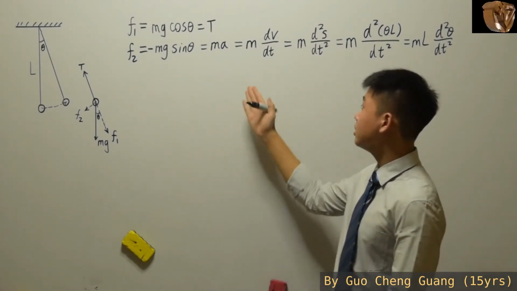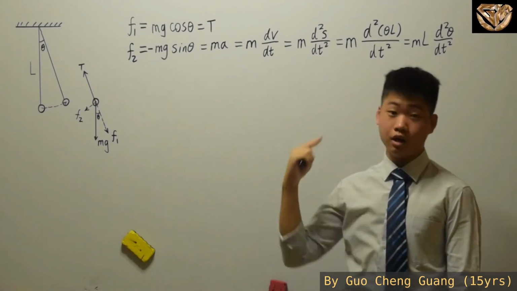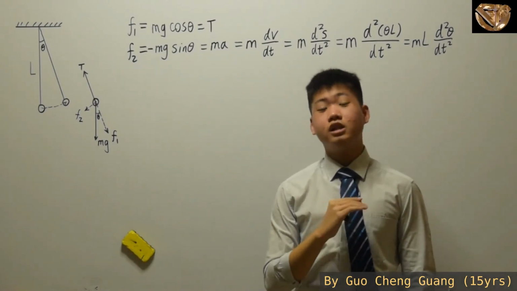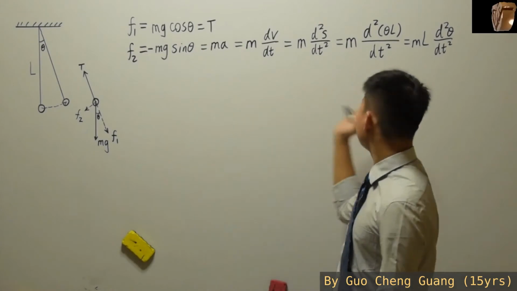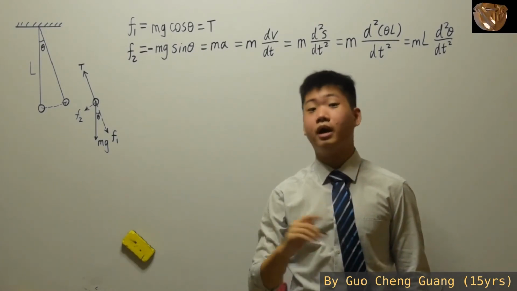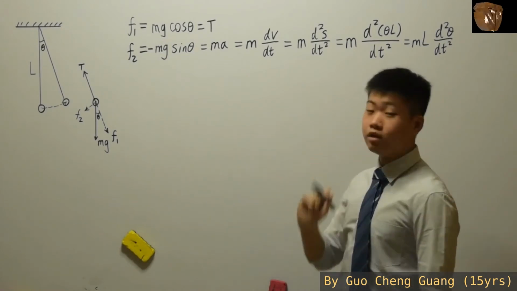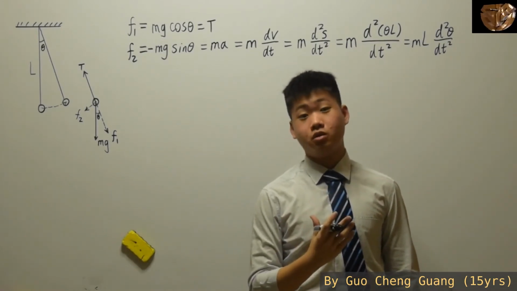If this is angular acceleration, how do you get an actual L? So actually in the beginning, this A is a linear acceleration, which is how at last you have an extra L multiplied by angular acceleration, right? So sorry about that. Now, angular acceleration, what is so special about this part?